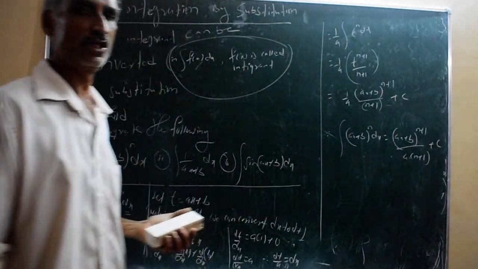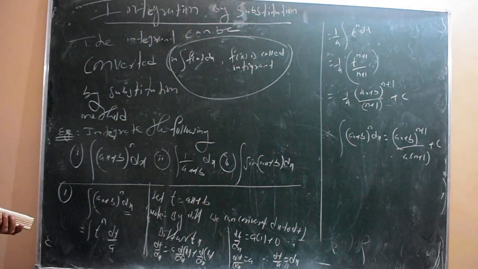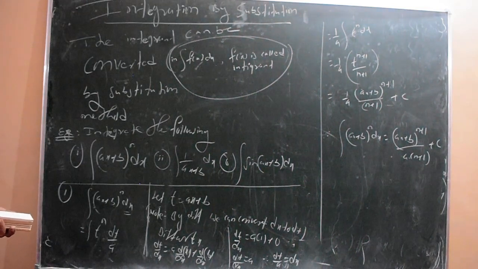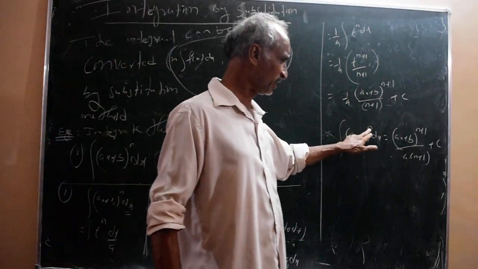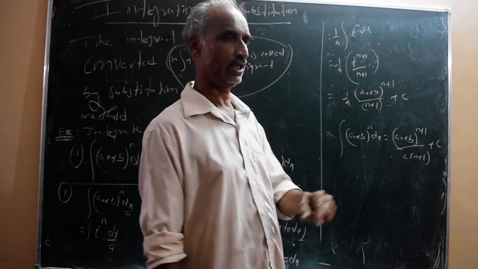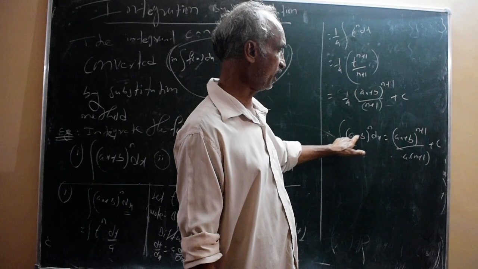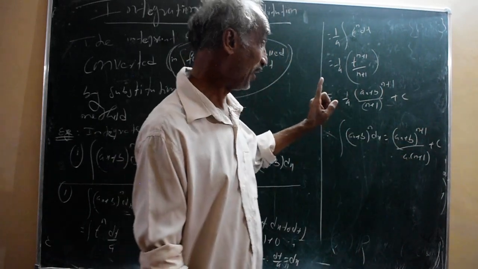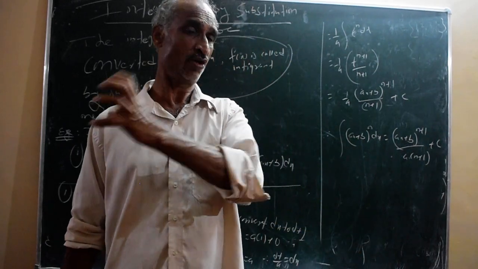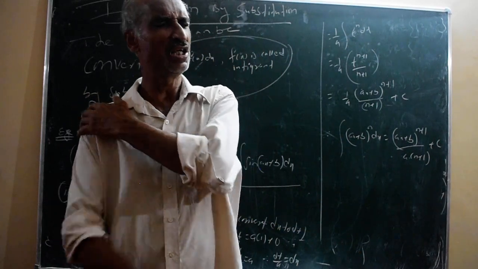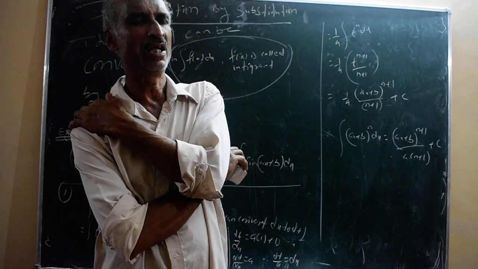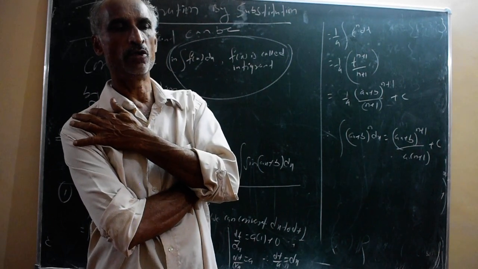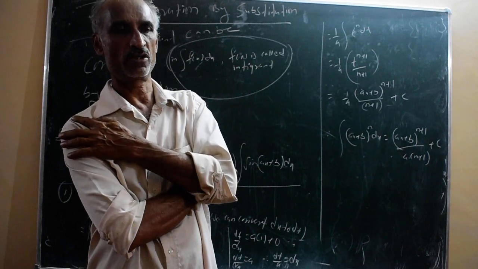So one inference, one idea you can have from this particular integration. Look here, if x raised to n is there, this technique you have to remember: it is x raised to n plus 1 upon n plus 1. I have given 20 integration formulas, out of which 18, 19, 20 are simply k into f of x integration and integration of plus or minus like that.